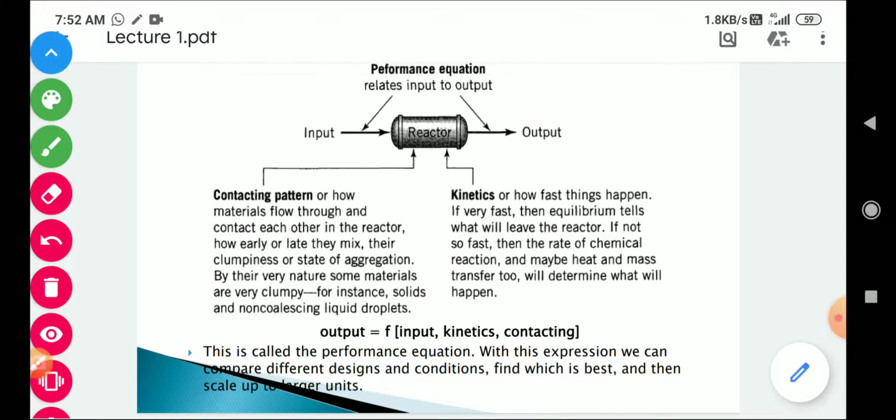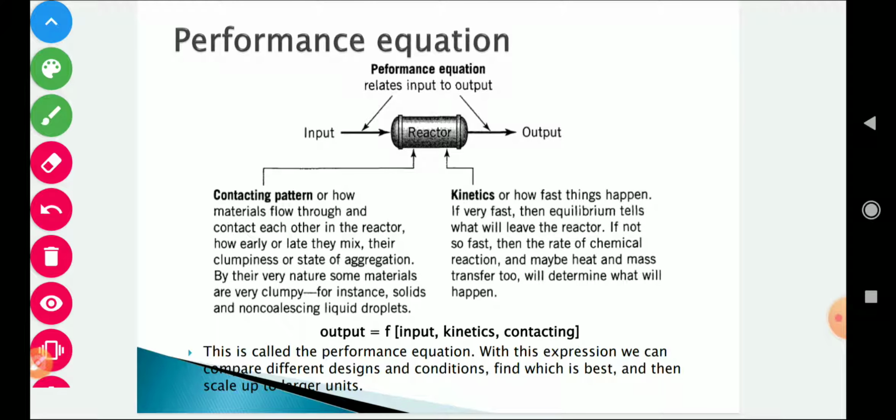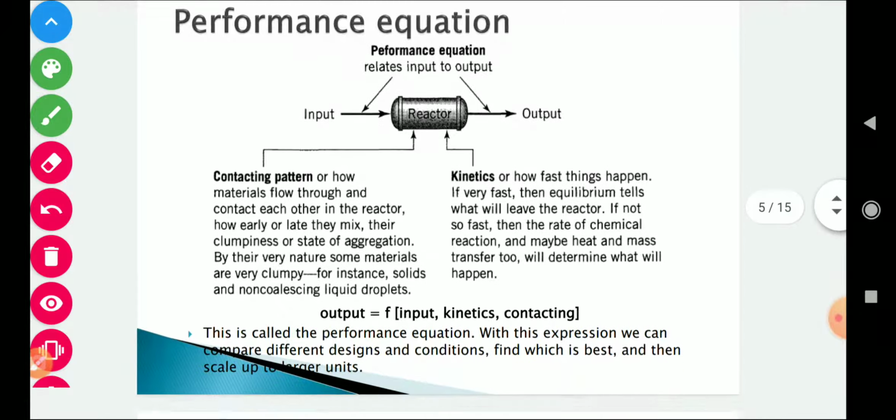But if the reaction is not so fast, then the rate of chemical reaction and maybe heat and mass transfer too will determine what will happen. So in the performance equation, we can say the output of the reactor will depend upon its input, kinetics and the contacting pattern. This is called the performance equation. With this expression, we can compare different designs and conditions, find which is best, and then scale up to a larger unit.